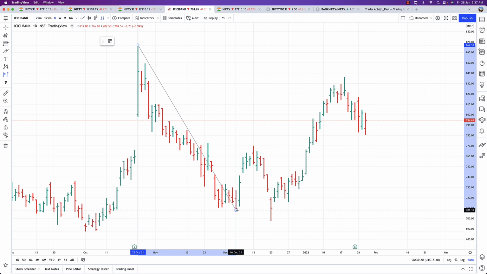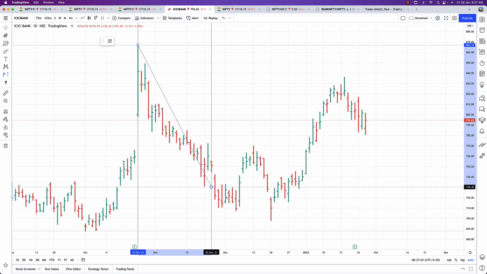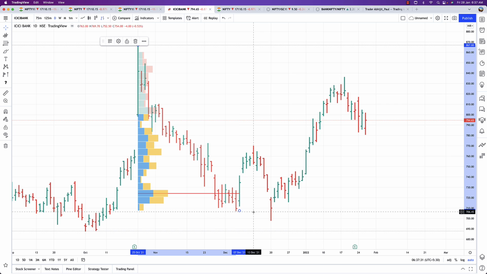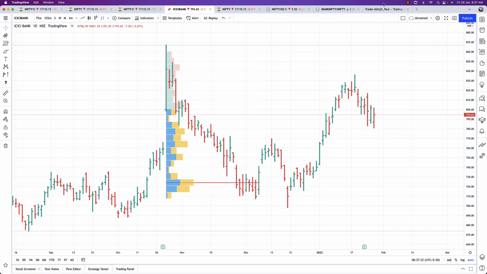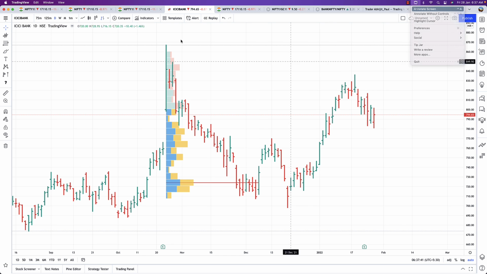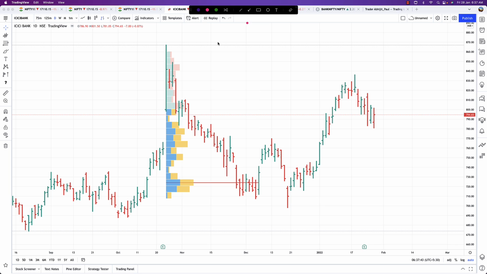Now, a sign of accumulation or reaccumulation is that the point of control, or max volumes, tends to happen at the lower end. This is interesting because you can now clearly see that in this entire sell-off, maximum volumes have happened here.